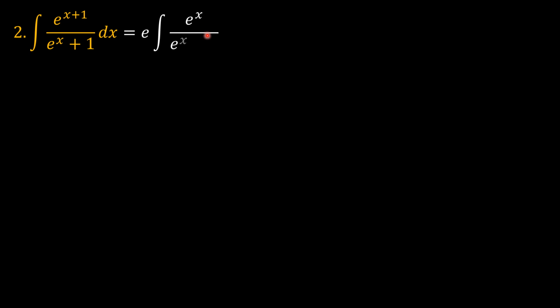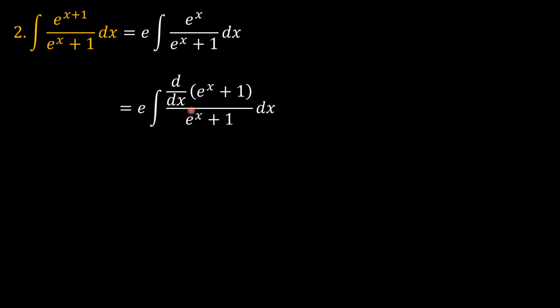Number 2, again, one easy problem it was. What you do is you pull out e, and now all of a sudden you're left with e to the power x over e to the power x plus 1, and e to the power x is the same as the derivative of e to the power x plus 1. So all of a sudden you have e times the integral of the derivative of what we have in the denominator here.